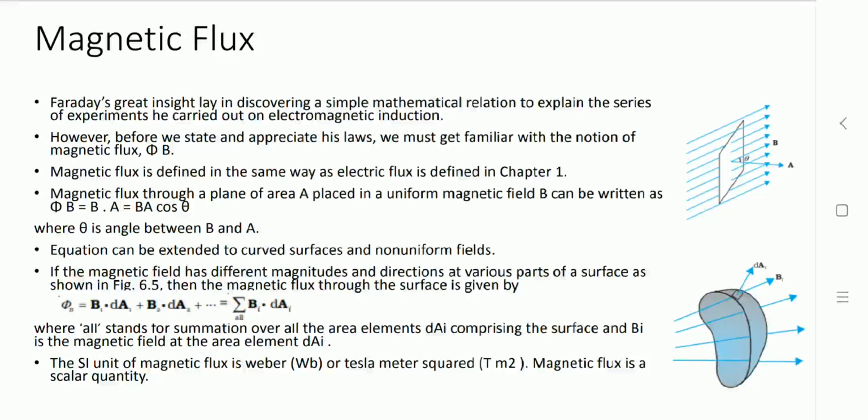If there is a plain paper or plain surface, then there is the same orientation of magnetic field and area.